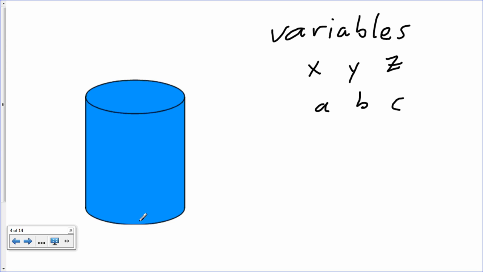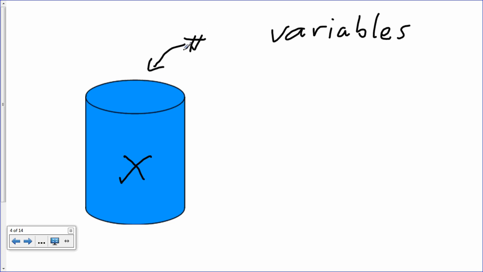Let's say this bucket has the name x. The variable x is a bucket. Into this bucket, we can stick any number we want. This bucket can hold any number.